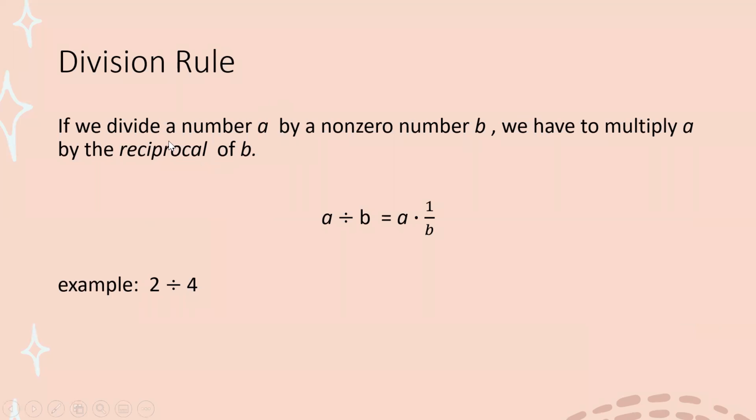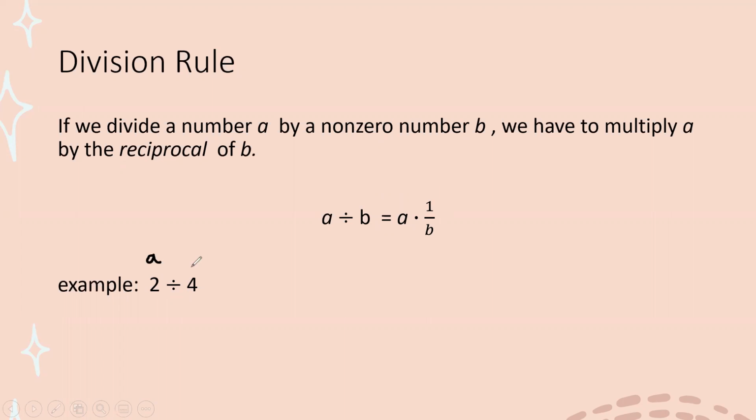For the division rule, we're told that if we divide a number, let's call this number A, by a non-zero number, and we call this number B, we have to multiply our number A by the reciprocal of B. So here we have A divided by B, and this is going to equal A times 1 over B, and 1 over B is the reciprocal of B. So here we have an example.